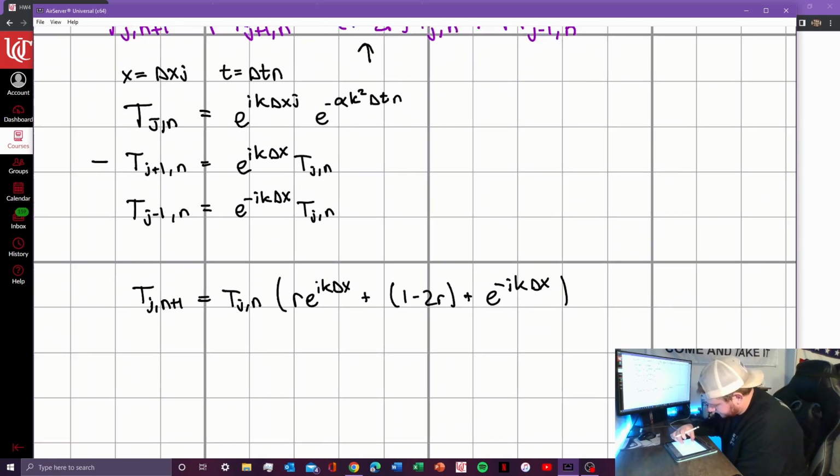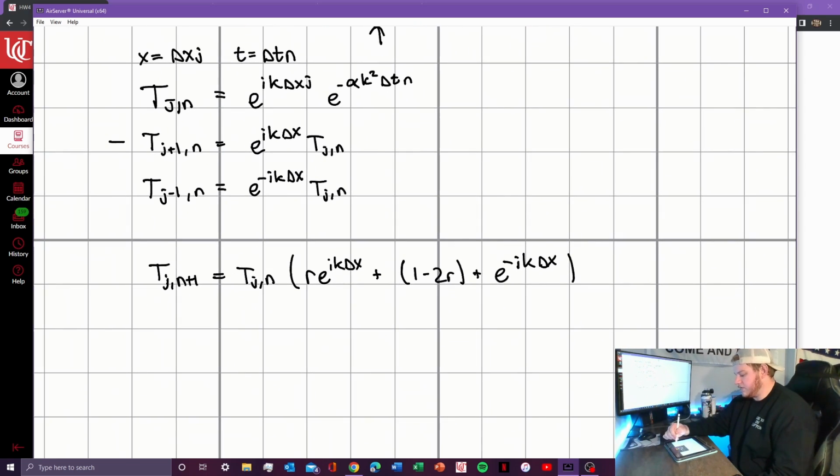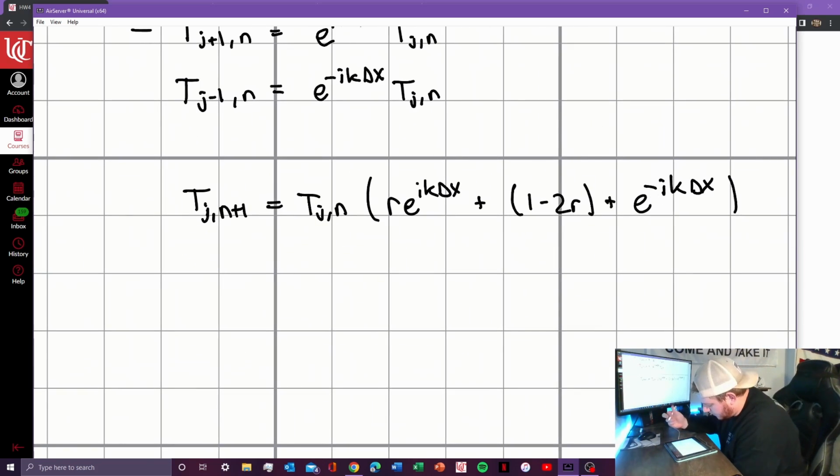Alright, perfect. Now we need to discuss Euler's formula in order to solve this any further. Euler's formula is e to the I x is equal to cosine of x plus I sine of x.